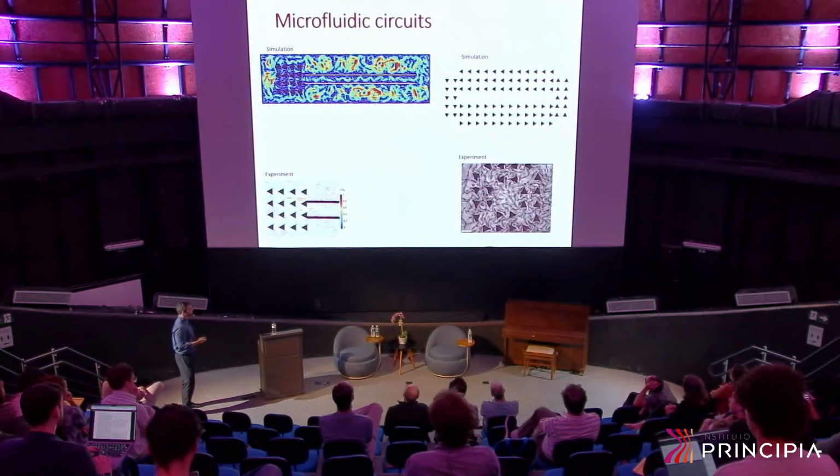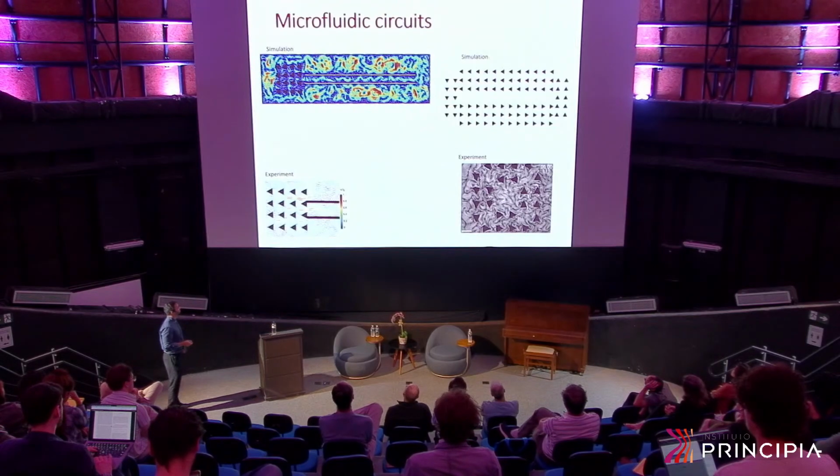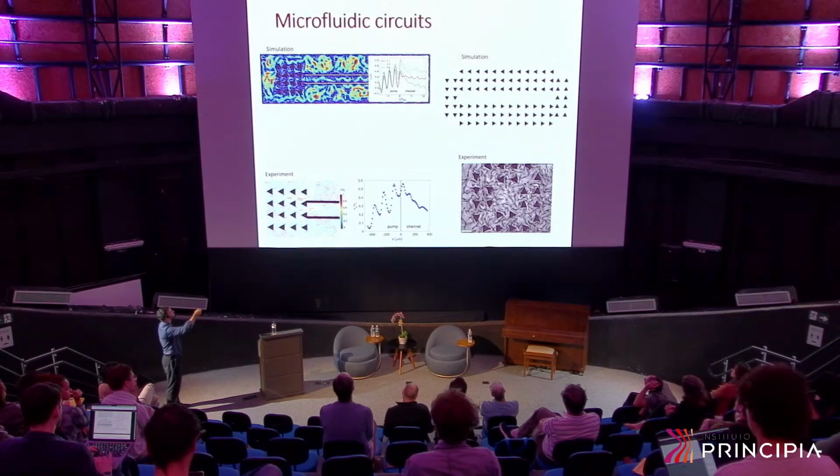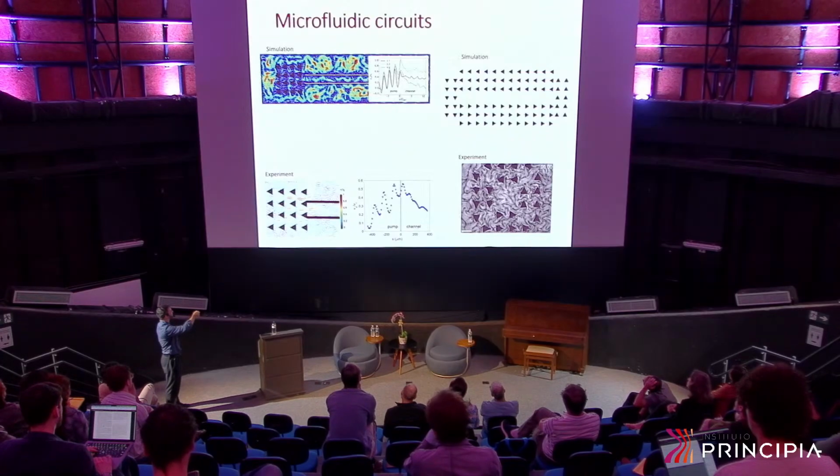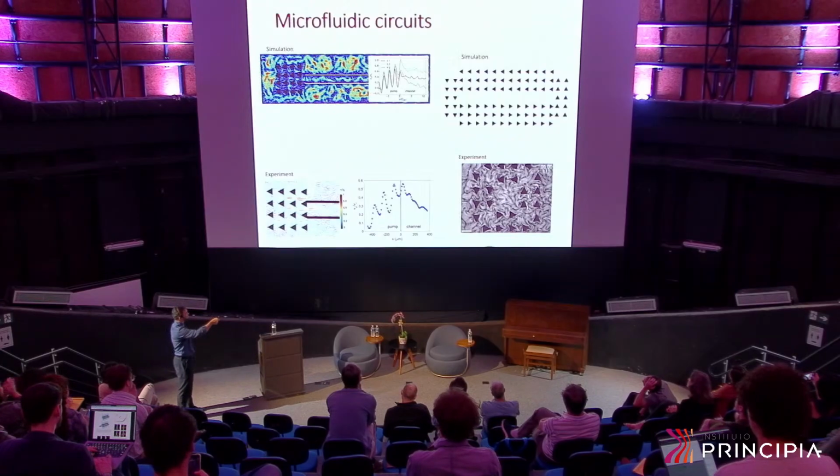Okay, so since we can pump fluids, we want to pump somewhere. We use here as an example pumping inside a certain channel, both in experiment and simulations. And there is a flow profile that's similar in the experiment and simulations. We have those spots with higher velocity between the obstacles, and then inside the channel it starts to decrease.